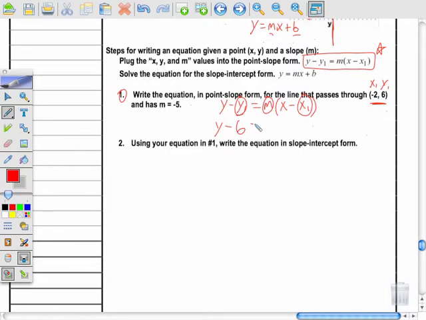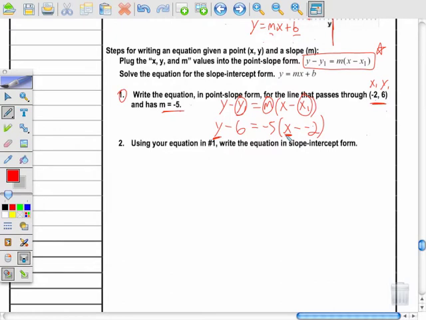So the y1 value is 6, so that's y minus 6 equals the slope that's given to me right here. It's negative 5, so that equals negative 5 parentheses x minus, our x1 value is over here. It's negative 2, minus negative 2. Okay, so we plugged the numbers in, and notice the y value just stays y.